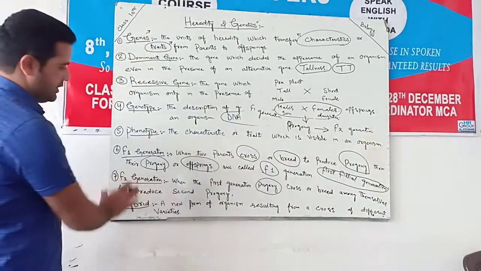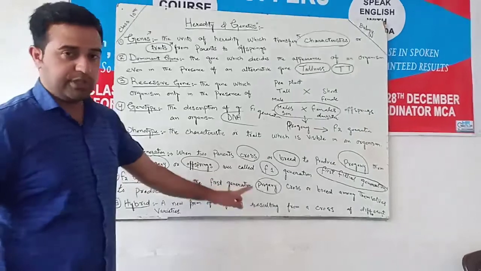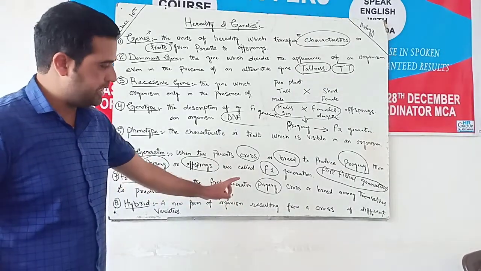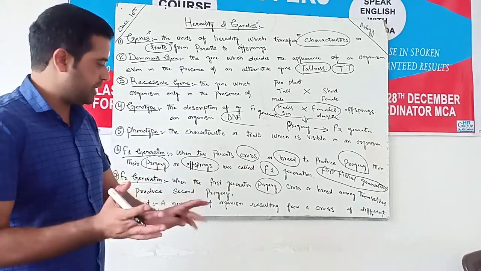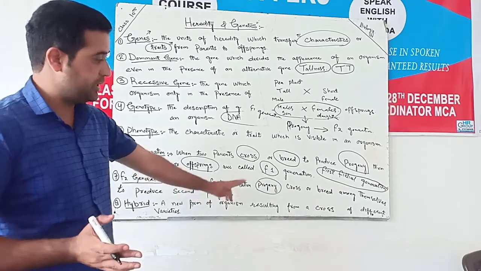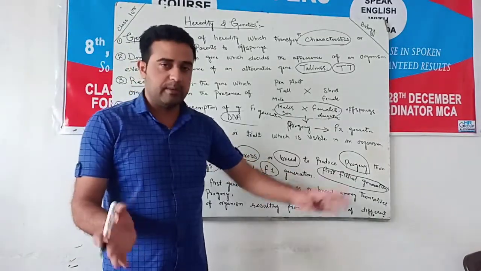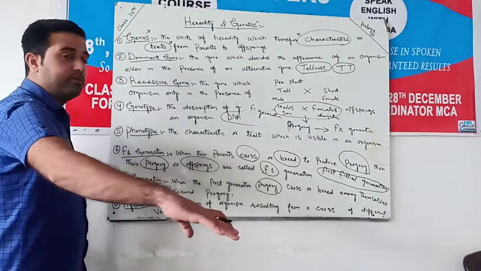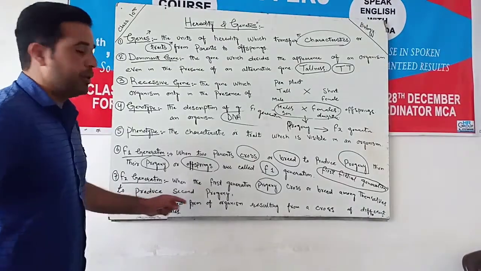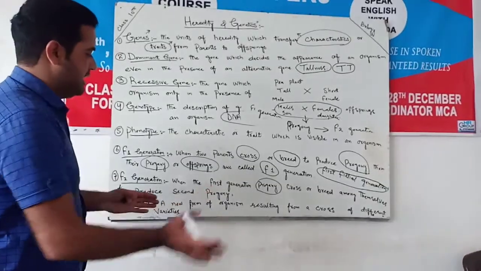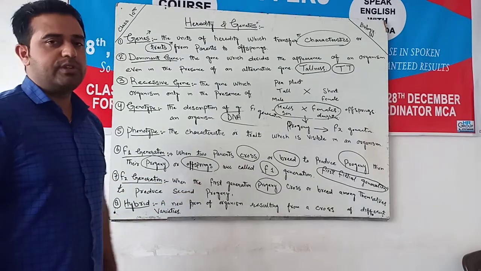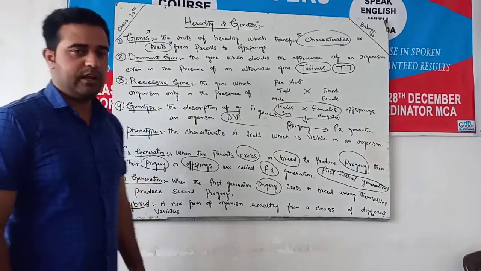So F2 generation is when the offsprings of the F1 generation cross or breed among themselves to produce the next generation. This is called F2 generation or second filial generation.